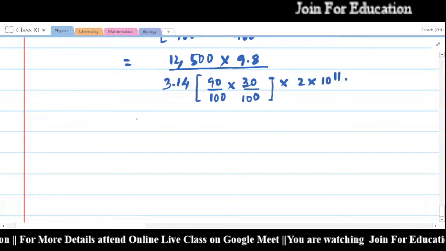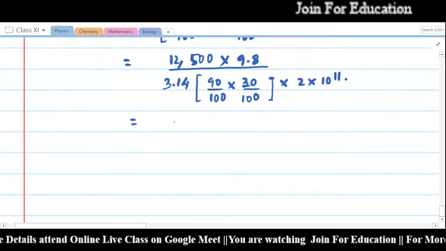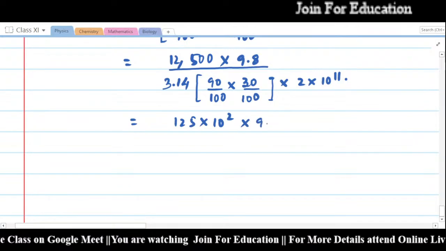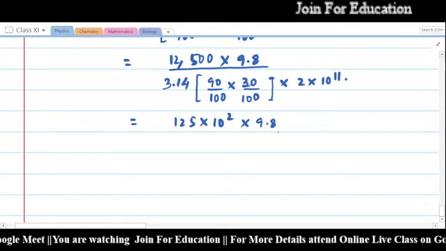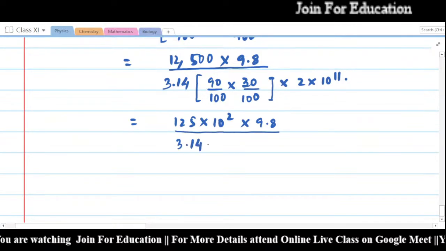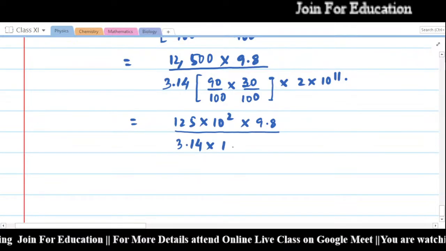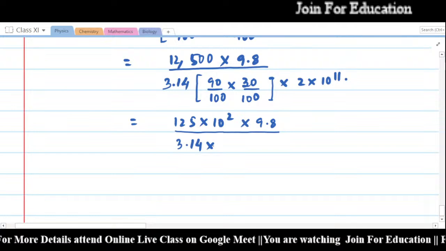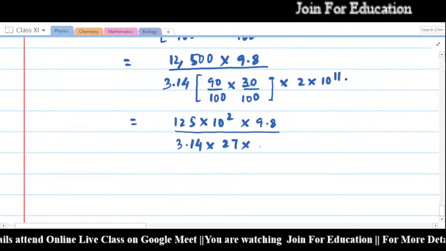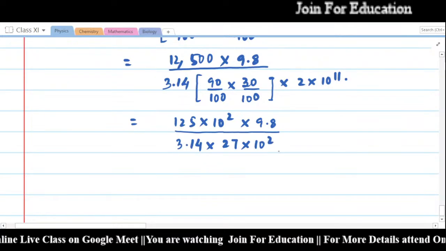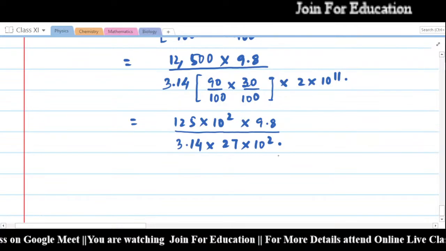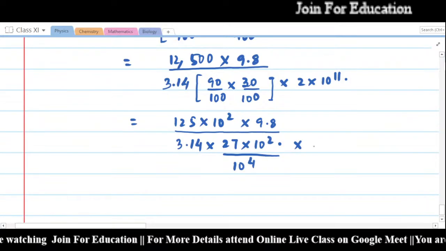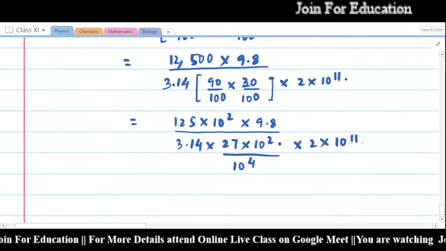Equal to here will be 125 into 10 to the power 2 into 9.8 by 3.14 into 9 3 is 27 into 10 to the power 2, by 10 to the power 2 into 10 to the power 2 equal to 10 to the power 4, into 2 into 10 to the power 11.